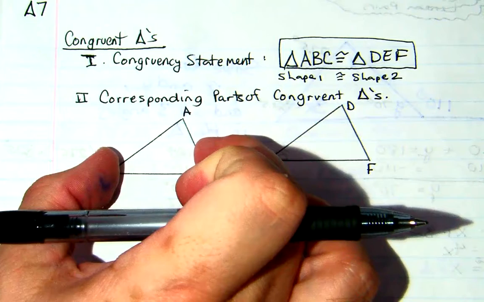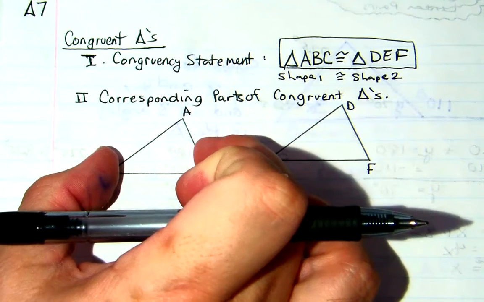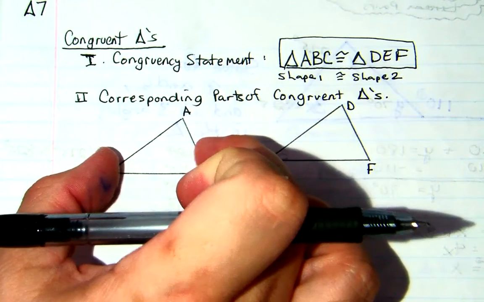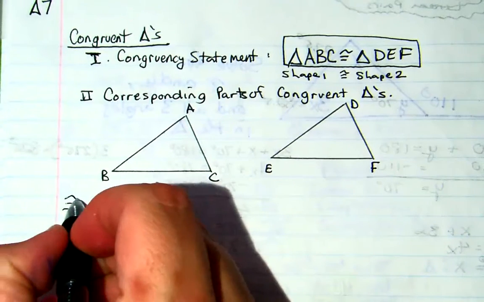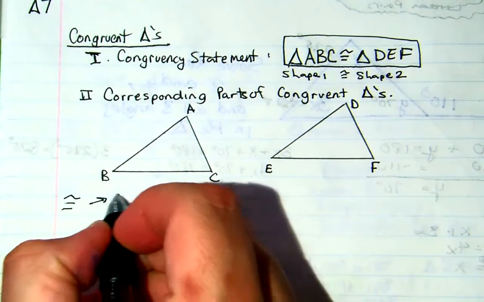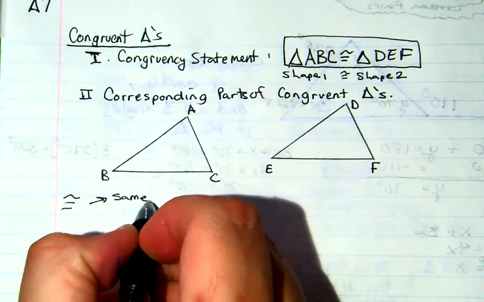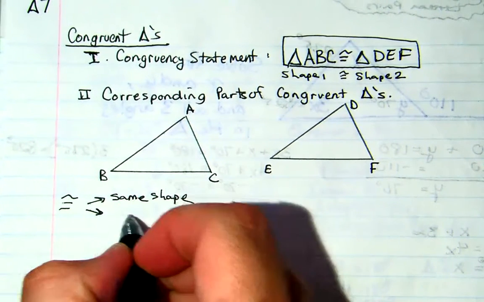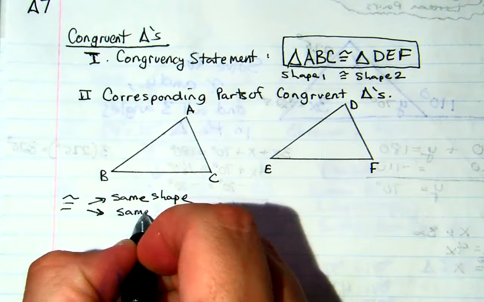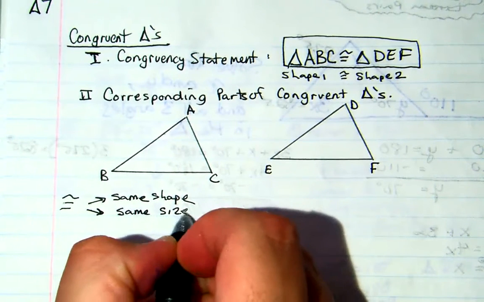And that's what it means to be congruent. So if we say something's congruent, we get same shape and same size.